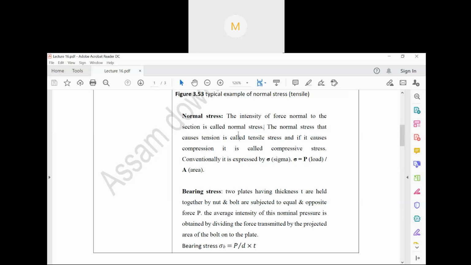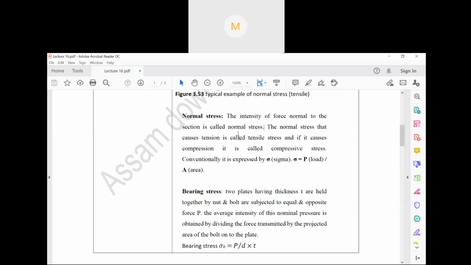In joining two plates, if you see bridges, especially the bridges which are made up of steel, then what happens?